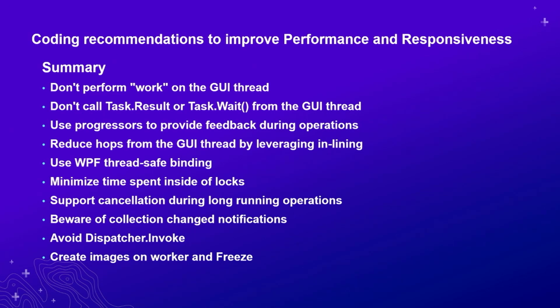Collection change. A lot of people like collection change notifications. They're essentially events that are tied to collections, like observable collections, and they fire whenever you're adding or removing something. Seems like a great thing to have, but the problem is oftentimes you're in a lock when you're adding or changing a collection because you're using WPF thread safe binding.